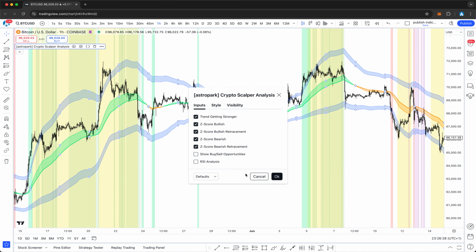Someone likes it, and I kept it. For example, once this yellow background disappears, the trend is not strong anymore.